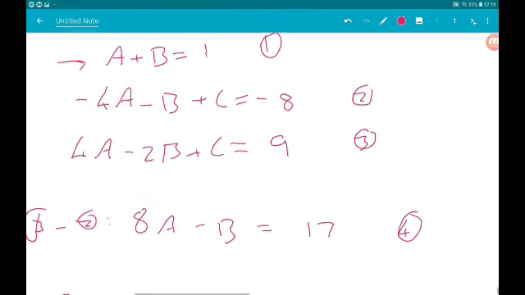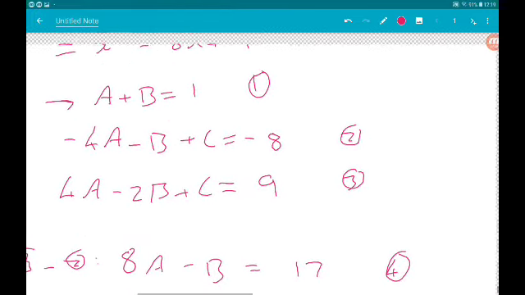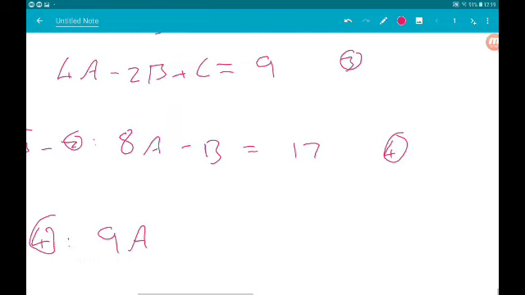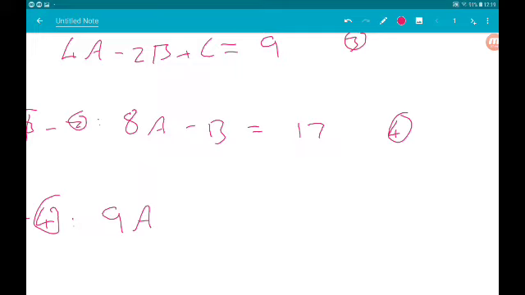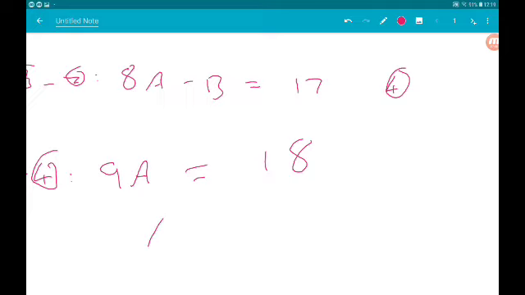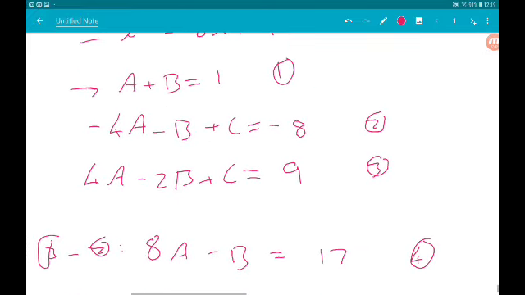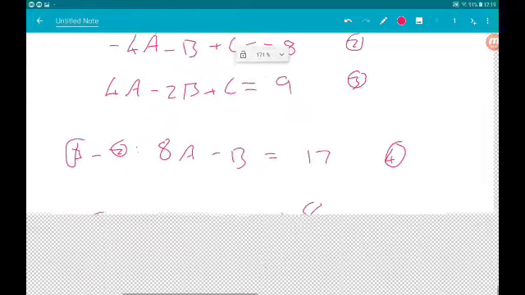B and minus B cancels out, and 1 and 17 is 18. So 9A is equal to 18. From that, A is 2. Then we know that 2 plus B is equal to 1.